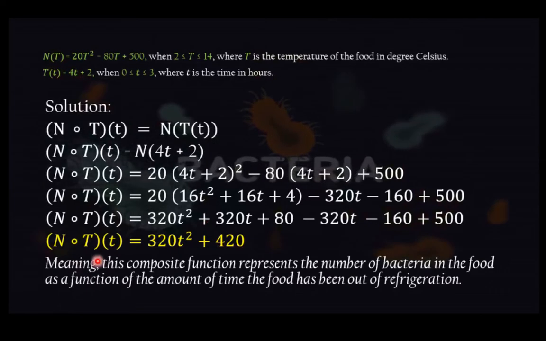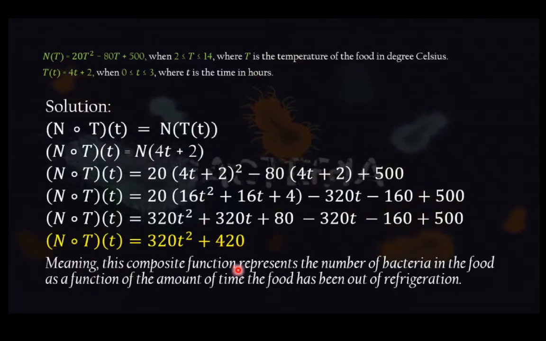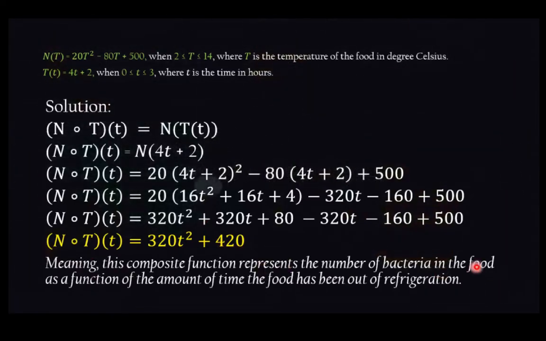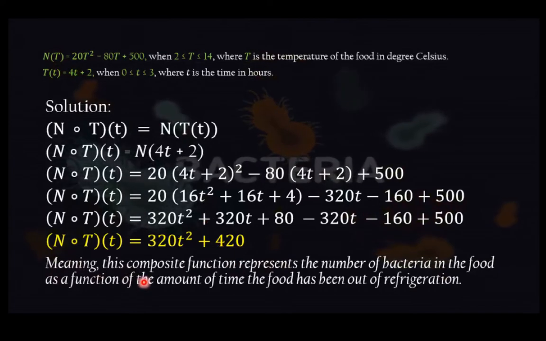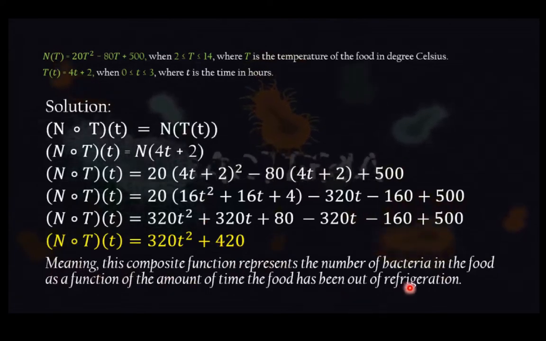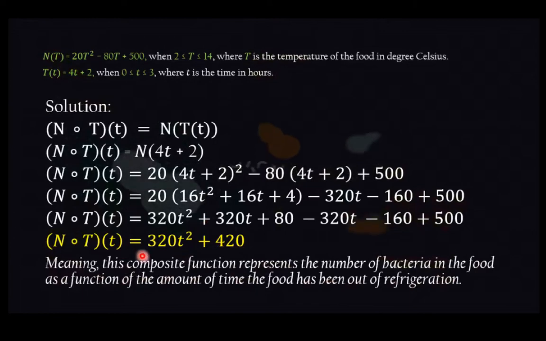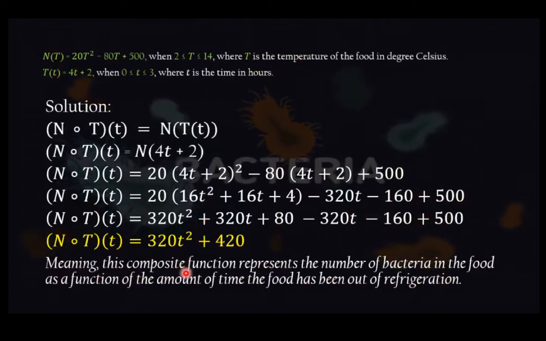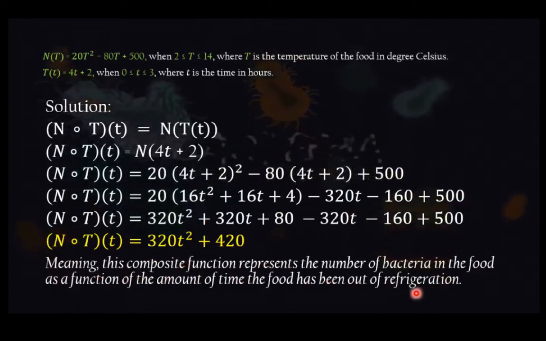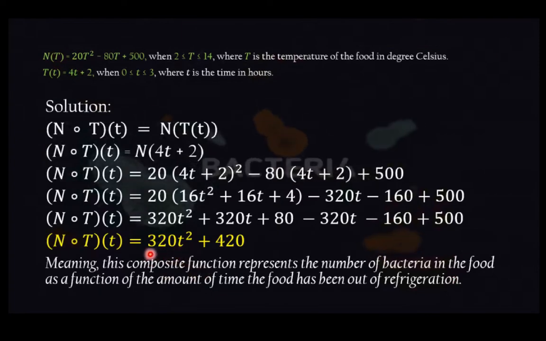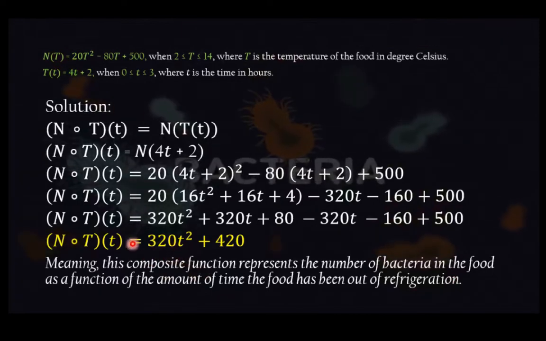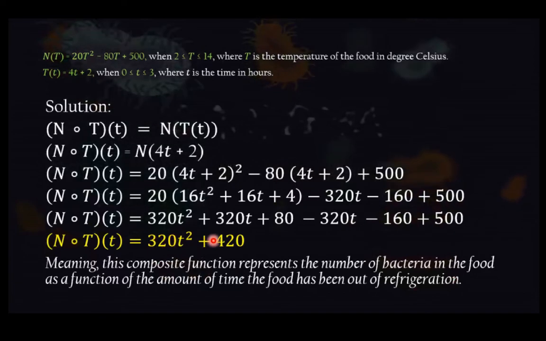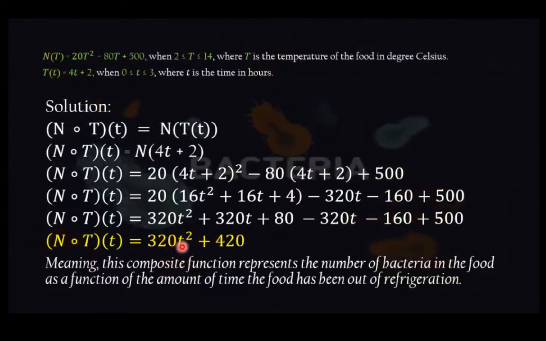This composite function represents the number of bacteria in the food as a function of the amount of time the food has been out of refrigeration. So, when you take the food out of the refrigerator, this is how many bacteria there will be within the given time.